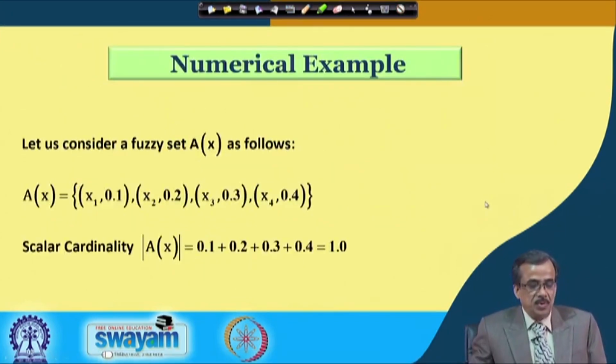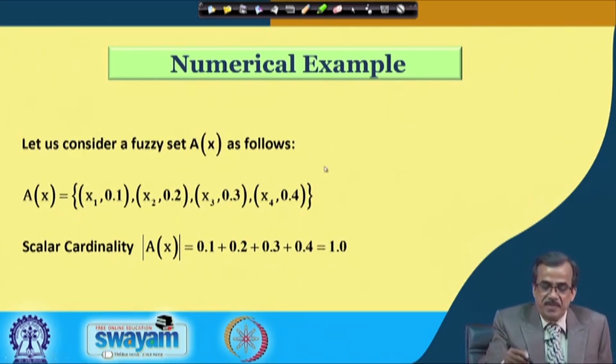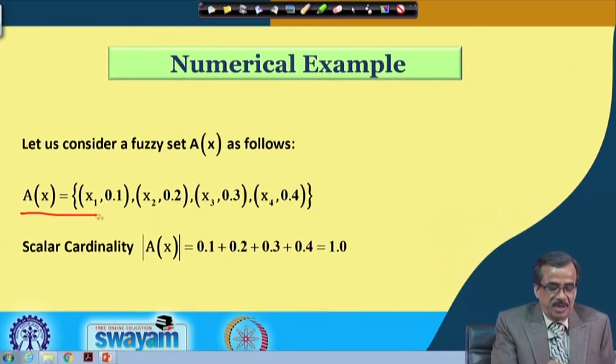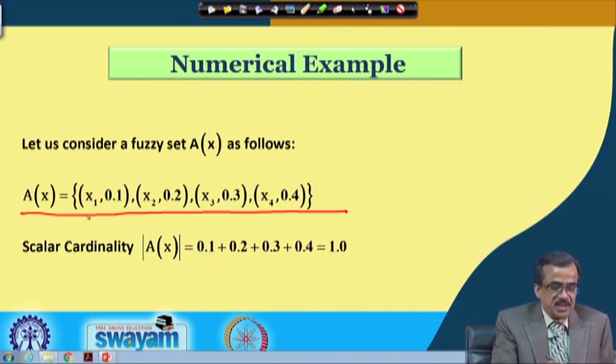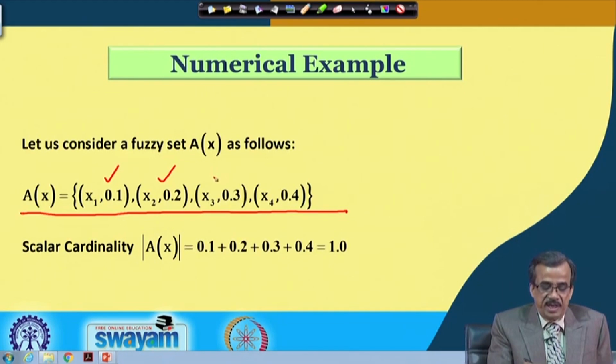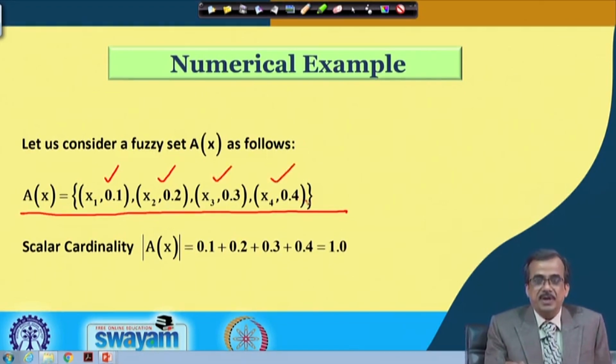Now, I am going to solve one numerical example to find out the scalar cardinality of a fuzzy set. Let me assume that this is a fuzzy set having discrete values corresponding to 4 elements. So, A(x) is x1 comma 0.1, x2 comma 0.2, x3 comma 0.3, x4 comma 0.4.